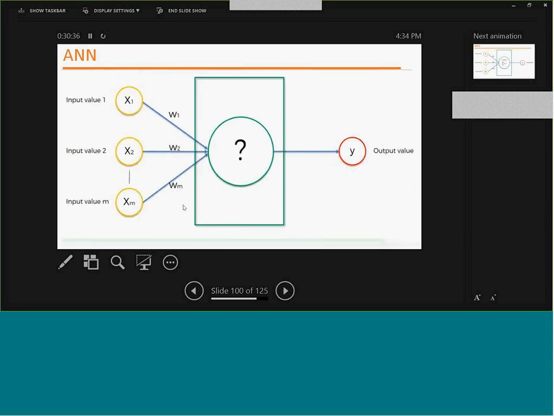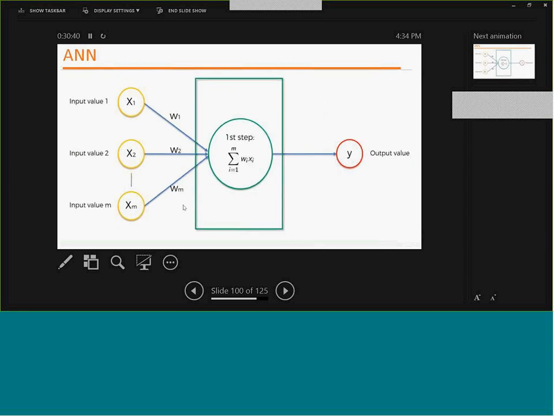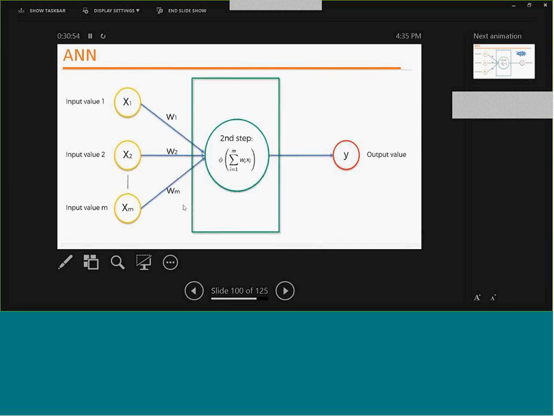So let's say that X1, X2, and XM have weights W1, W2, and WM. The first step is to take the sum of all those things. We multiply X1 with W1, X2 with W2, likewise XM with WM. We do that, and then we take the sum of it. And the next step, we apply a particular activation function onto it. This is marked here as sigma.